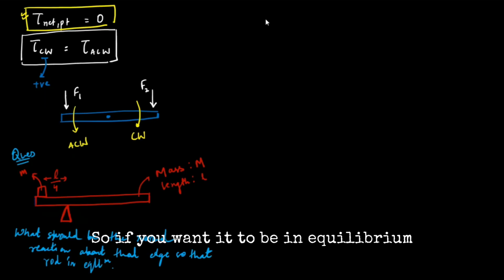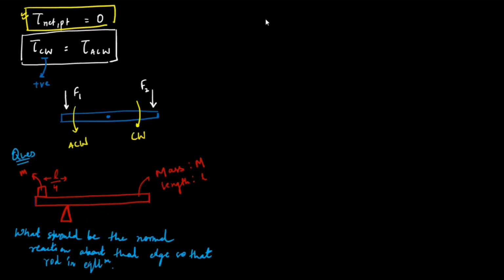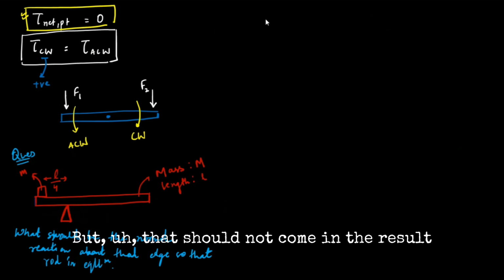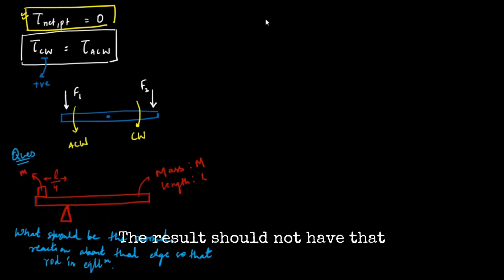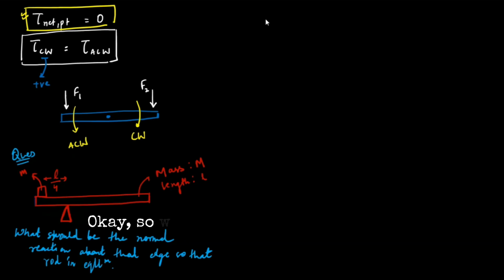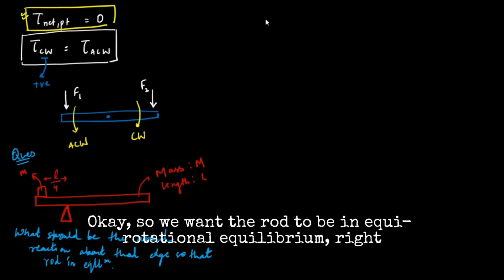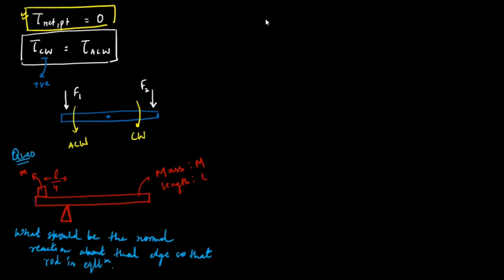Okay, so if you want it to be in equilibrium, is it possible for me to add another mass somewhere else, sir? Yeah, definitely. But that should not come in the result. The result should not have that. Okay, so we want the rod to be in rotational equilibrium, right? Then the sum of torques must equal zero.